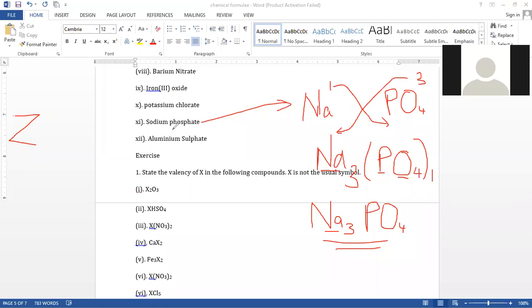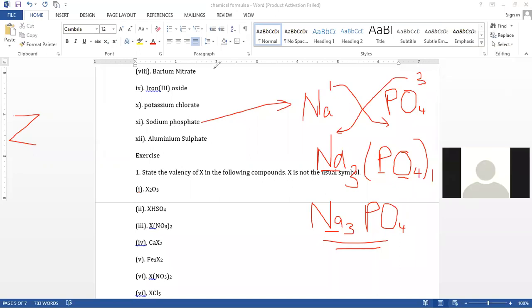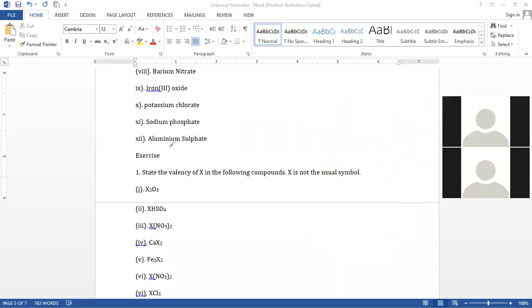I'm going to do the last number. Again, we mark ourselves. Then we can go to our exercise. Good. I'm going to clean everything from the board or from our screens. Now, let me go to aluminium sulfate. Again, let's all get our tables, those with notes.